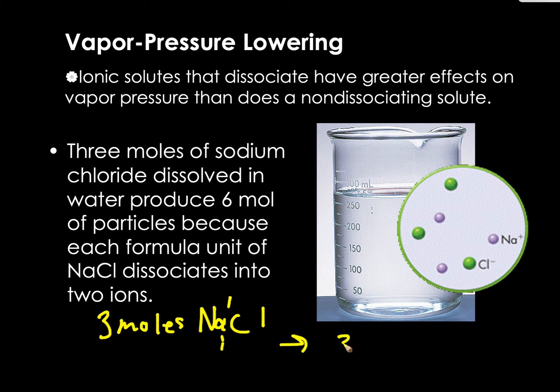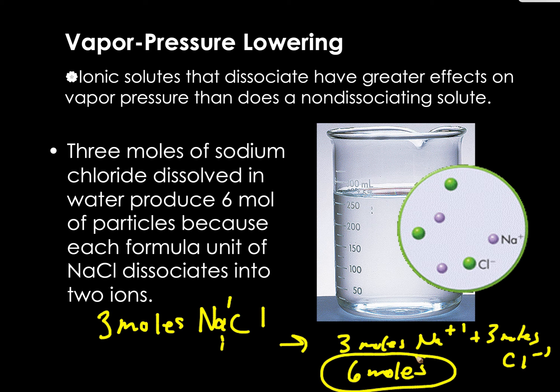I would have 3 moles Na+1 and 3 moles Cl-1, which would give me a total of 6 moles altogether. It's going to dissociate into 2 ions, right? So ionic solutes that dissolve have greater effects on the vapor pressure than does a non-dissociating solute.